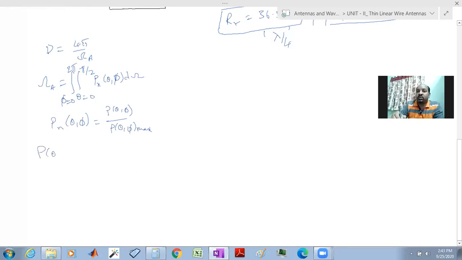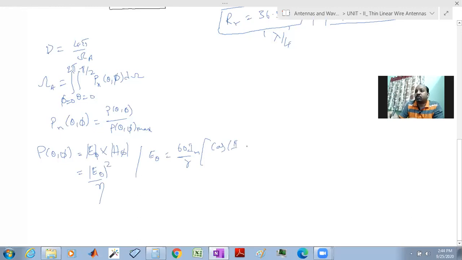And what is P(theta, phi)? It is the Poynting vector, which is E theta cross H phi, and which is equal to E theta square by eta. And what is E theta?